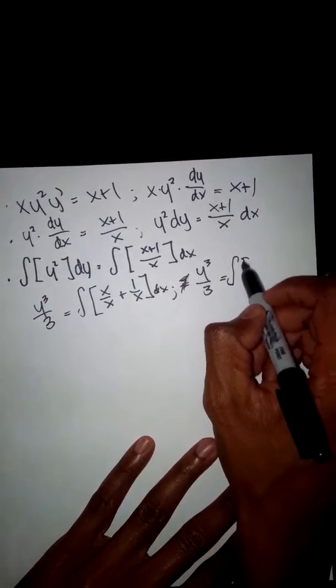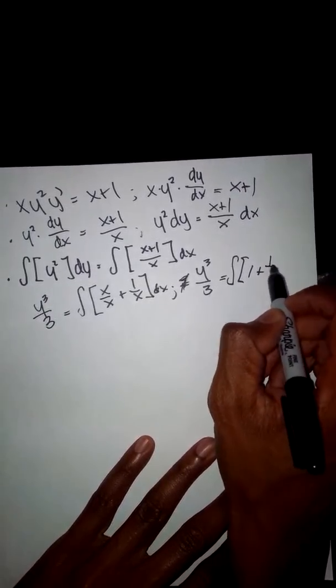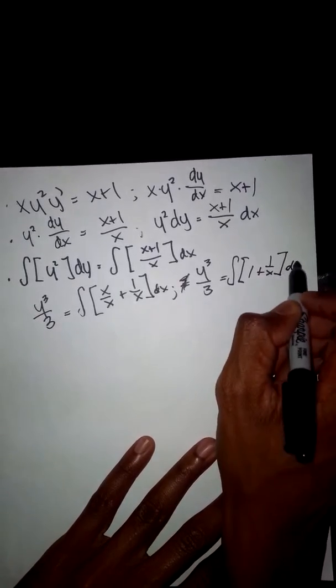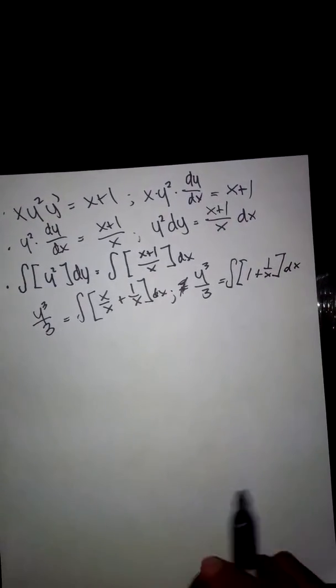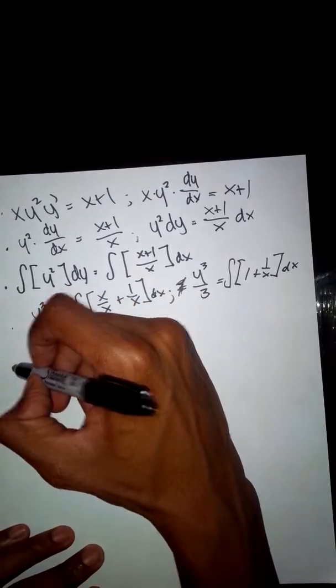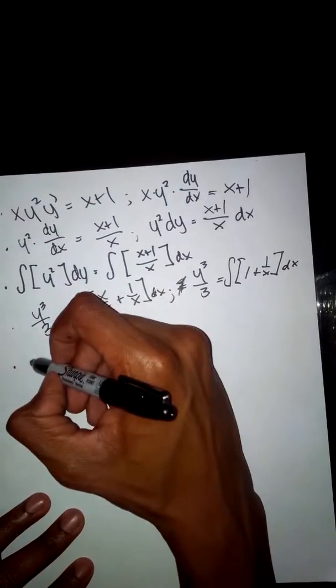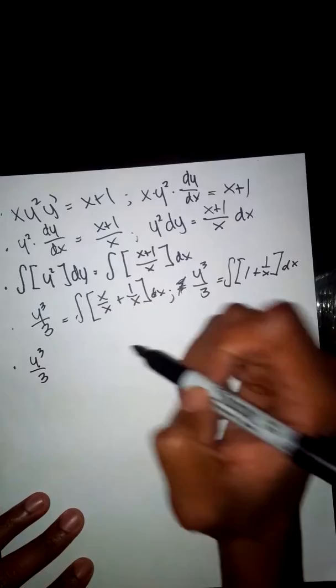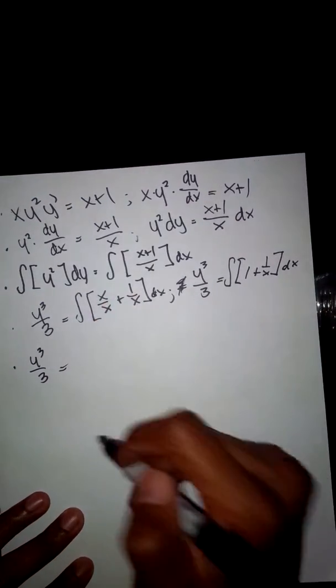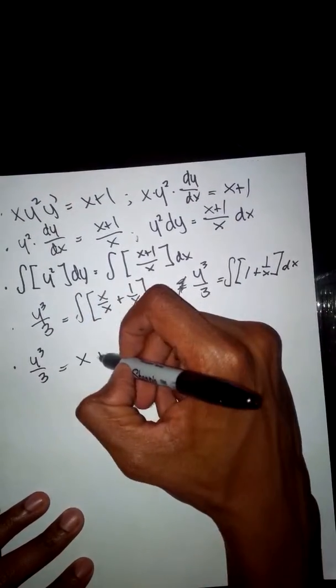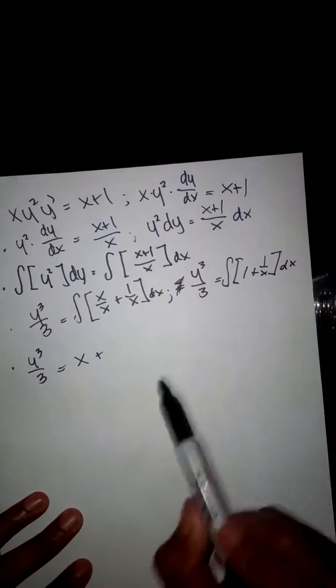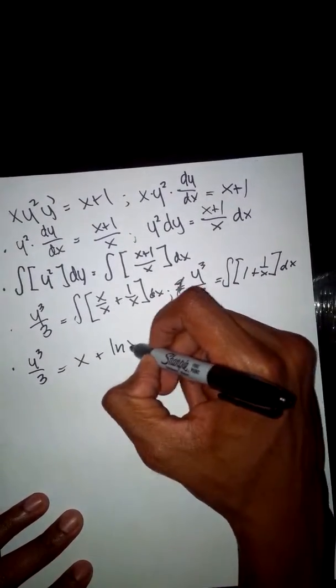The integral of 1 plus 1 over x dx. Solving, I get y cubed over 3 is equal to the integral of 1 is just x, and the integral of 1 over x is ln x.